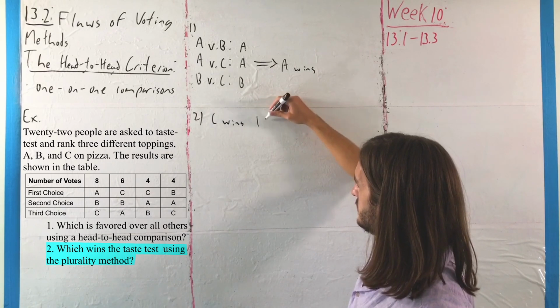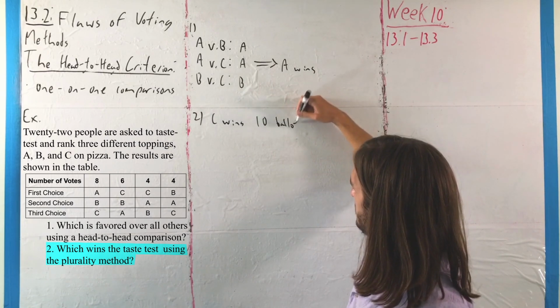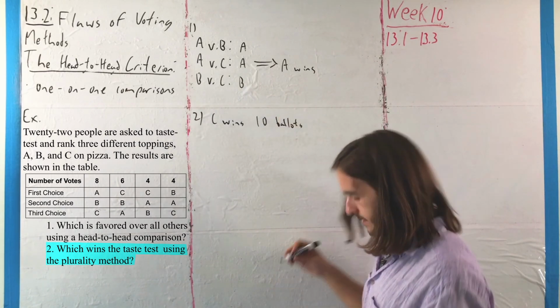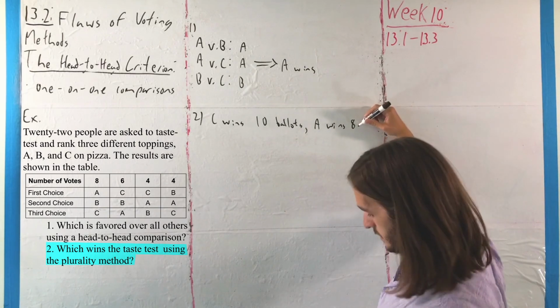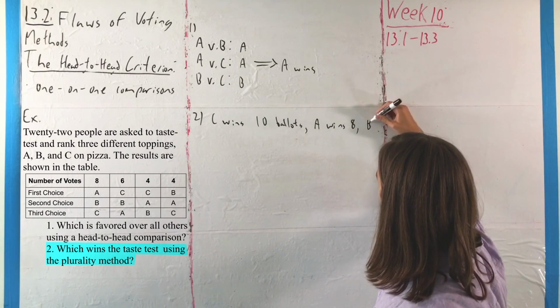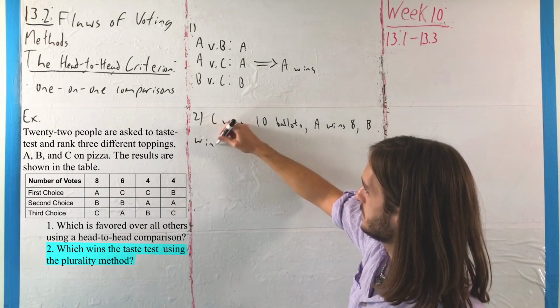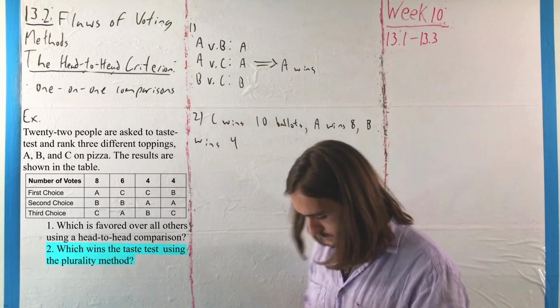C wins 10 ballots, while A only wins 8 and B wins 4.